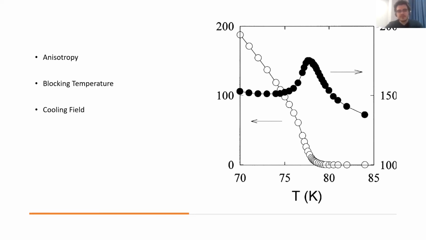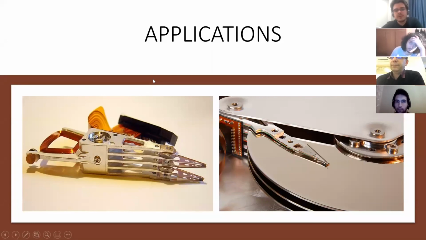What I mean by positive is that in general, the exchange field, as we saw on the graphs, is negative to the applied H field. But after a certain range, increasing the cooling field may cause a positive shift to the right side of the exchange field in, for example, iron difluoride.